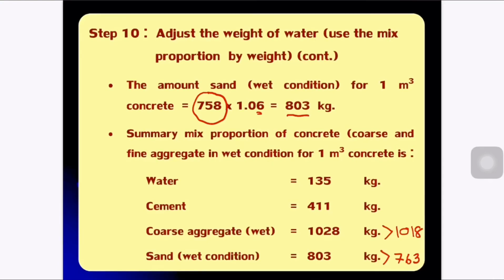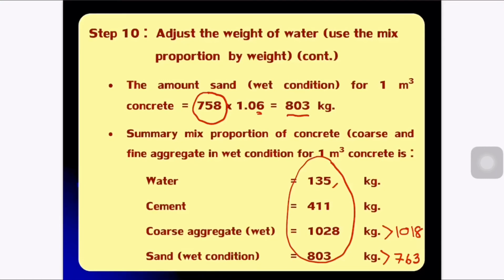So the mix proportion of concrete after adjusting the weight of water is shown in this slide. Note that the weight of the water is not 185 kilograms, but it is 135 kilograms.